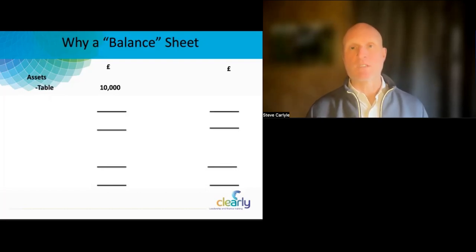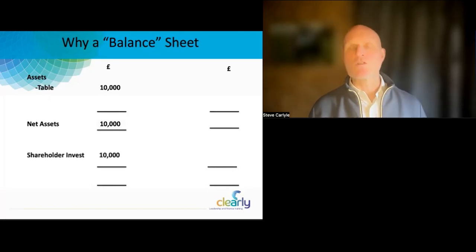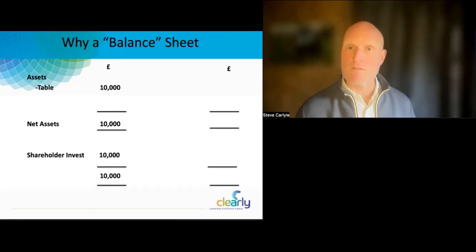She's just started the business. So we'll say her net assets, which is the assets less the liabilities, are £10,000. And we'll also say she's invested in the business as a shareholder. She's put her money in, her £10,000. So at the bottom of the balance sheet, we will have £10,000 worth of shareholder investment in the business.